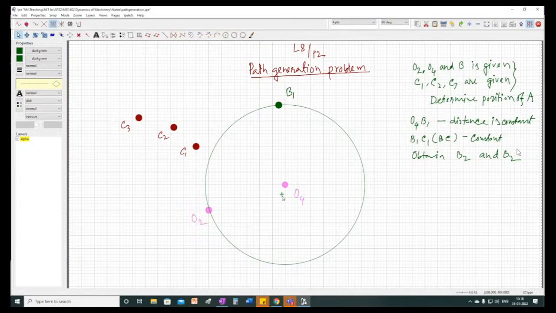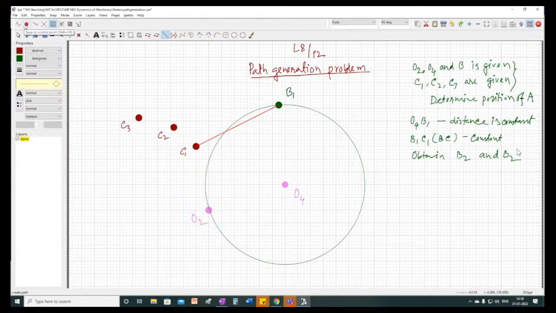Now, next thing is the distance between B and C1, that is also constant because these two points are on the same coupler.